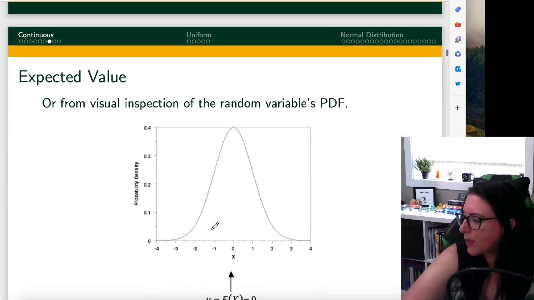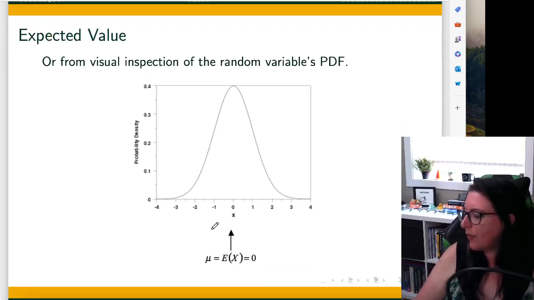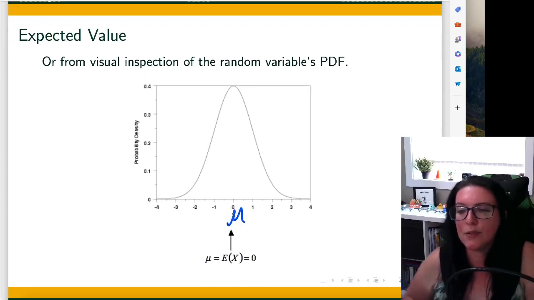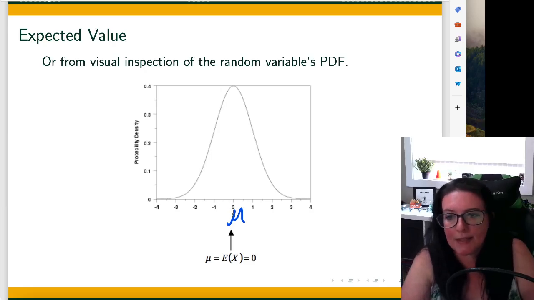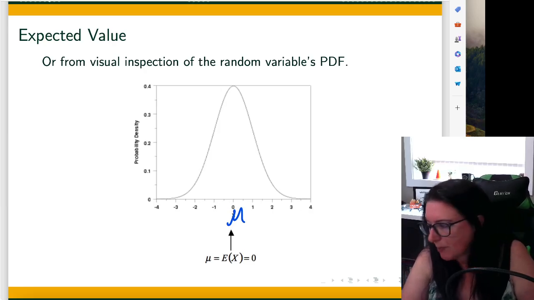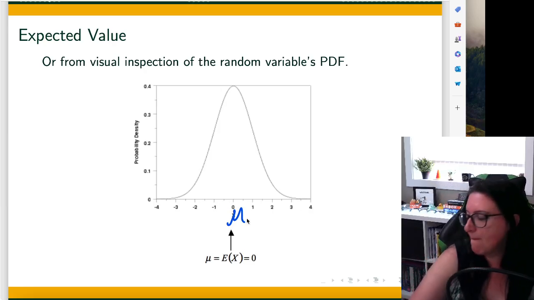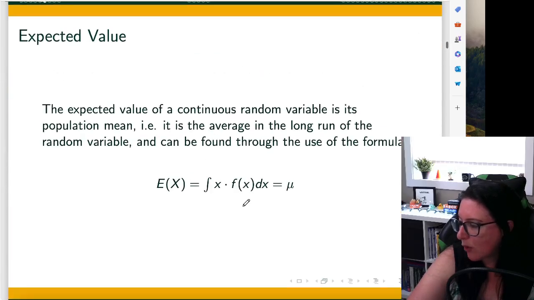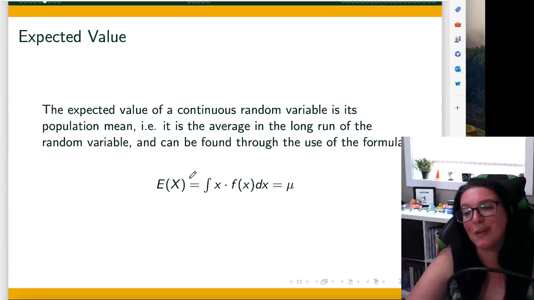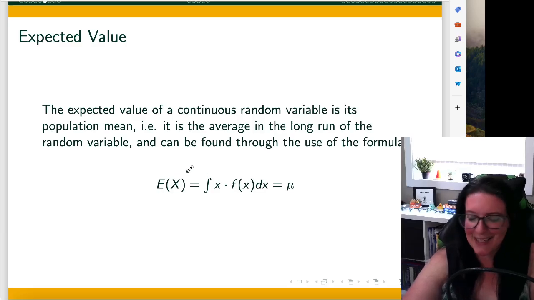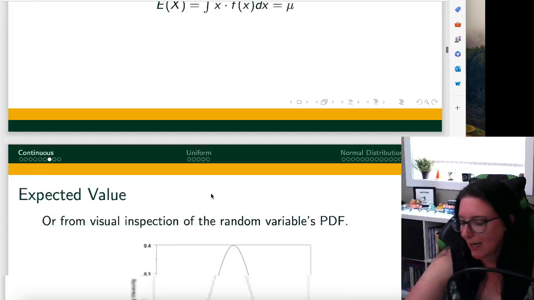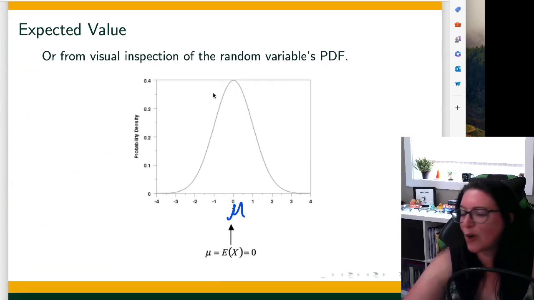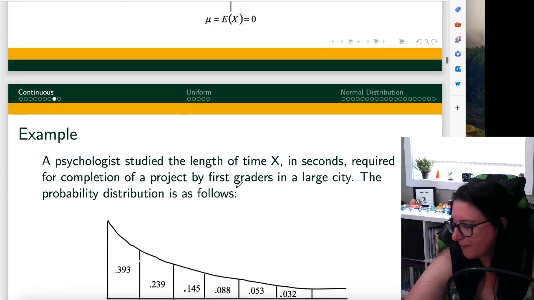From visual inspection of the random variable, the center is going to be your expected value if you have a normal distribution. I'm just glossing over this because, again, we're not doing calculus in these videos. We'll talk later about how to get there. But really, if you're looking at your normal distribution, it's going to be the center of the distribution.